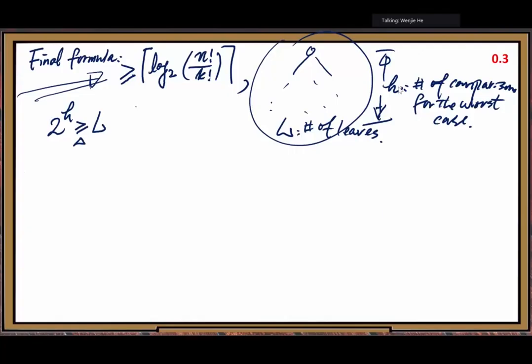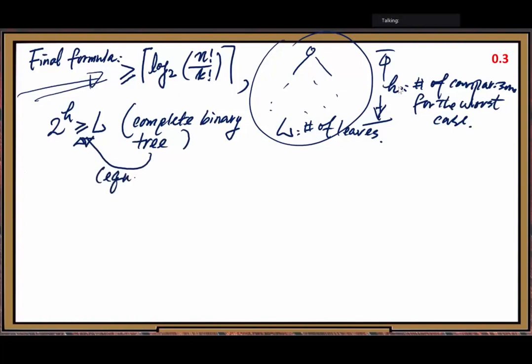Why? Remember, we use a complete binary tree. Complete binary tree corresponds to the equality case. Then, for a non-complete binary tree, the number of leaves can only be smaller. So for that reason, we have this inequality.